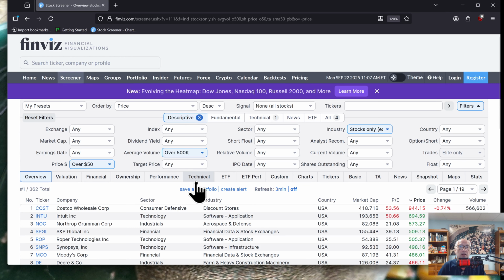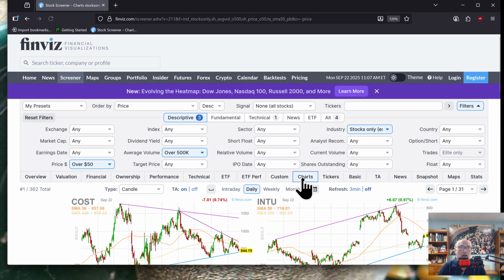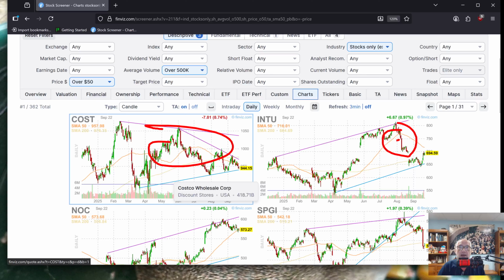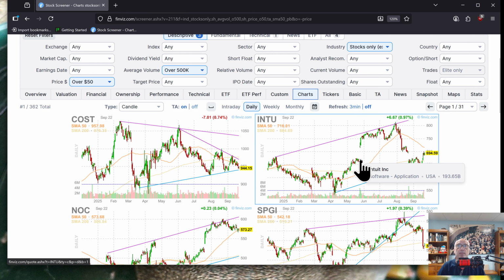So if you go in here, and instead of just showing overview like I'm showing, you go to charts and go into the Costcos of the world under the 50. You have Intuit under the 50. See that bear flag? Yeah, that worked great. Under the 50 and an air hole underneath. A lot of people say, oh, stocks have to fill their gap.